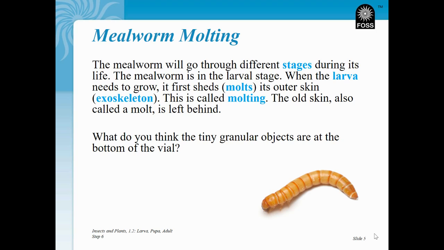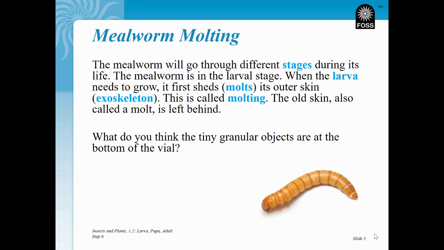The old skin, also called a molt, is left behind, and you will see it inside your vial. What do you think the tiny little objects are at the bottom of your vial? If they are not bran, what do you think they are? Could it be parts of the mealworm's molt?